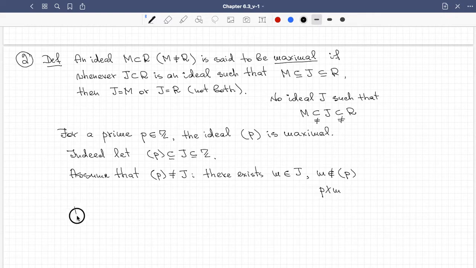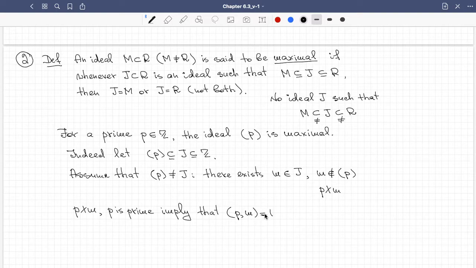Now, P does not divide m, and P is prime. These two conditions imply, as we discussed in detail earlier, that the greatest common divisor of P and m is 1.